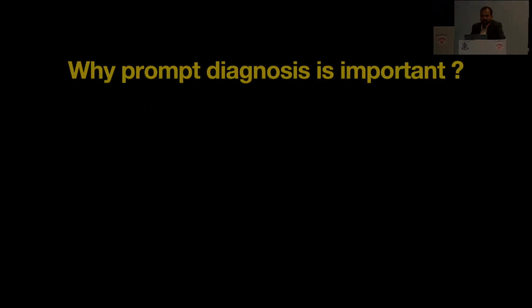So why is prompt diagnosis important? It may be fatal. In this scenario, a 7-year-old male child presented with a history of RTA, and he was rushed to the multi-specialty hospital due to multiple episodes of vomiting and syncopal attacks.